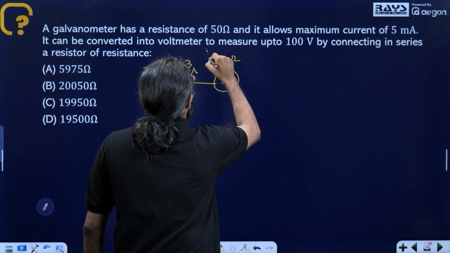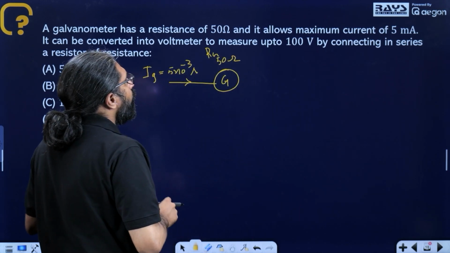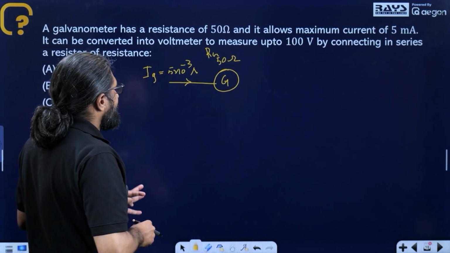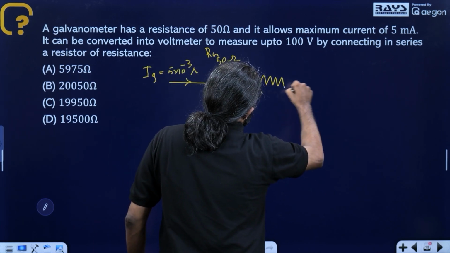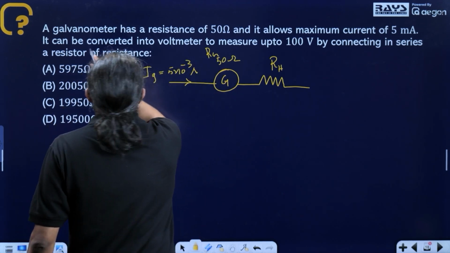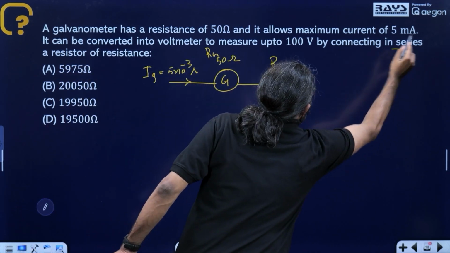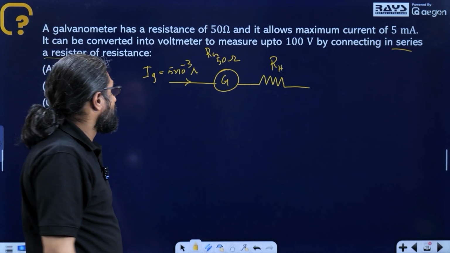And this I can call Rg, okay? You can convert this into a voltmeter by connecting in series to this a certain high resistance. I call that Rh. That is exactly what we should find out here. We need to find the value of Rh.